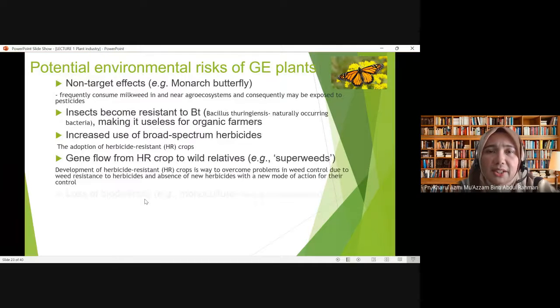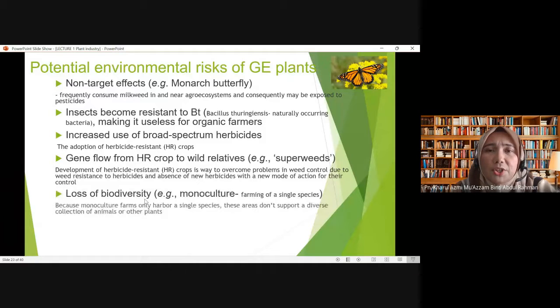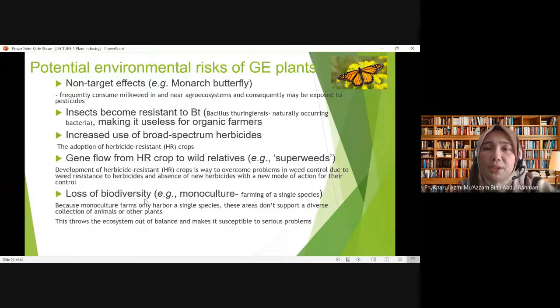Okay, this is another example of the potential environmental risk of GE plant. GE is actually genetic engineering plant. Okay, we have the non-target effect. Yang ni agak quite famous lah when we are talking about the environmental risk of GE plant, contohnya monarch butterfly. Normally they frequently consume milkweed in and near agro ecosystem and consequently may be exposed to pesticide.